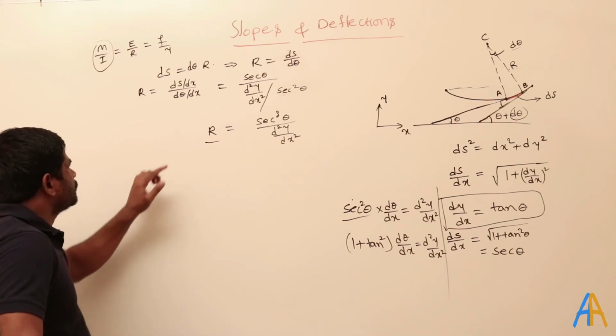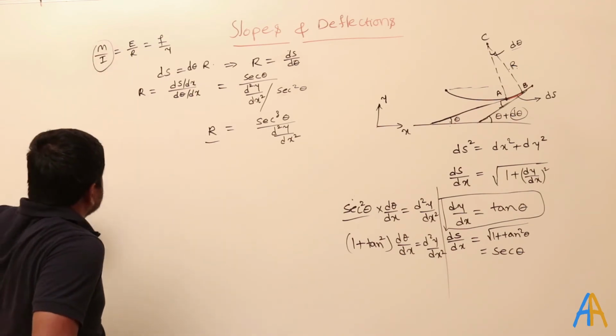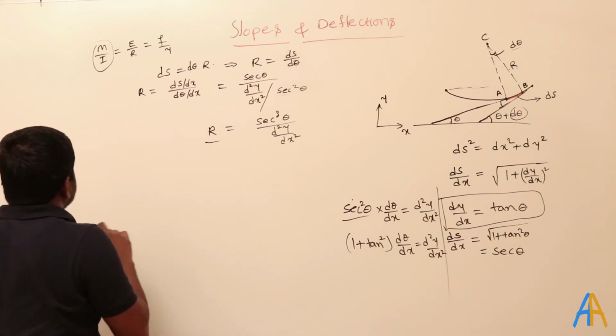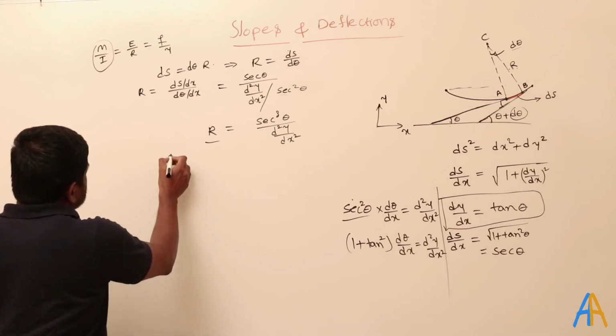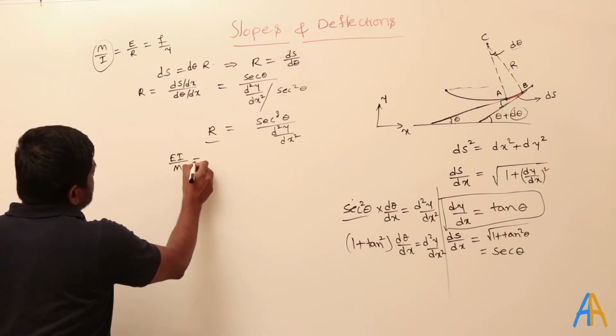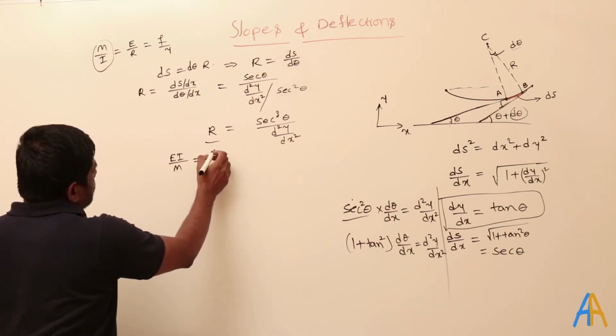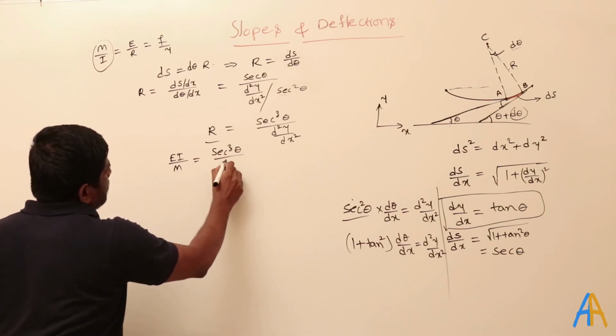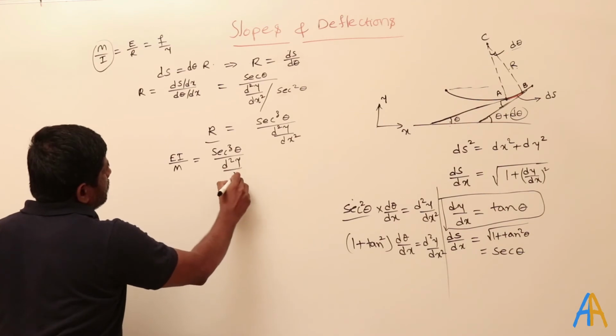Okay, so you substitute this portion. When you substitute, then r will become EI divided by M equal to secant cube theta divided by d square y by dx square.